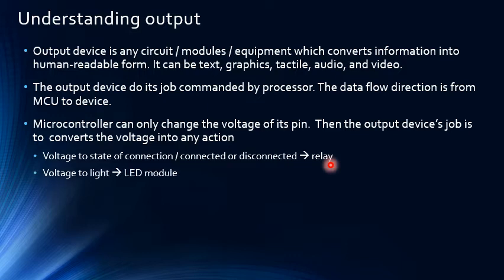If we want to convert from the voltage command to light, then we need LED module. If we want to convert from the voltage to sound, then we need the buzzer module.